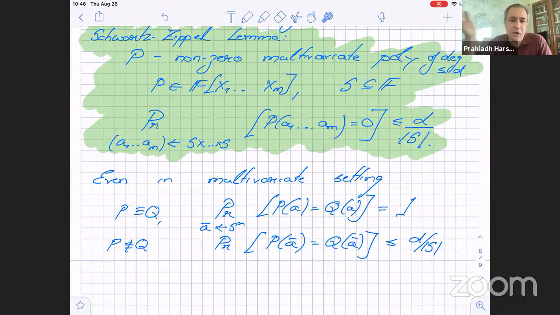The evaluation will always turn out to be 0, because you're viewing the polynomial only by its evaluations. X^q minus x is a non-zero polynomial, but if you just view it through evaluations, you will never realize it's non-zero, because the degree bound has to be smaller than the size of the set S from which you're picking. And a similar thing holds in the multivariate setting also.